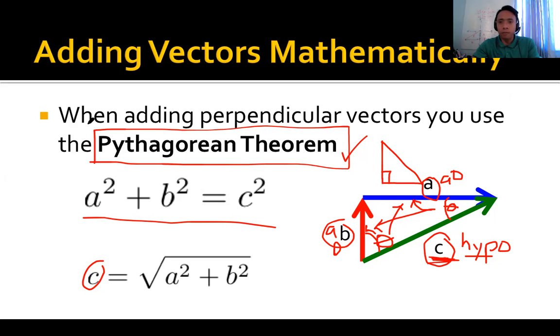Okay? So if we will add perpendicular vectors, perpendicular means 90 degrees. We have two lines intersecting at exactly 90 degrees. That is what we call perpendicular.